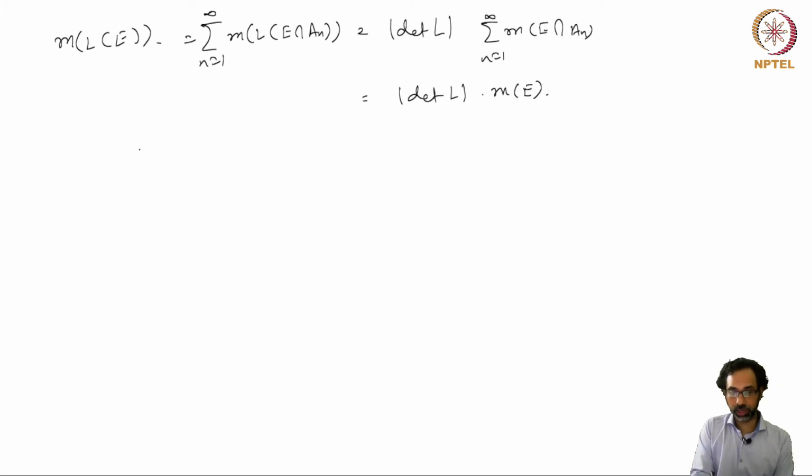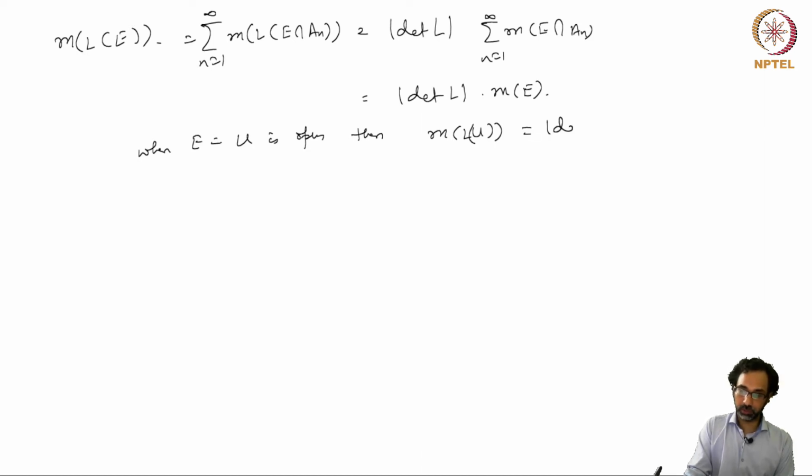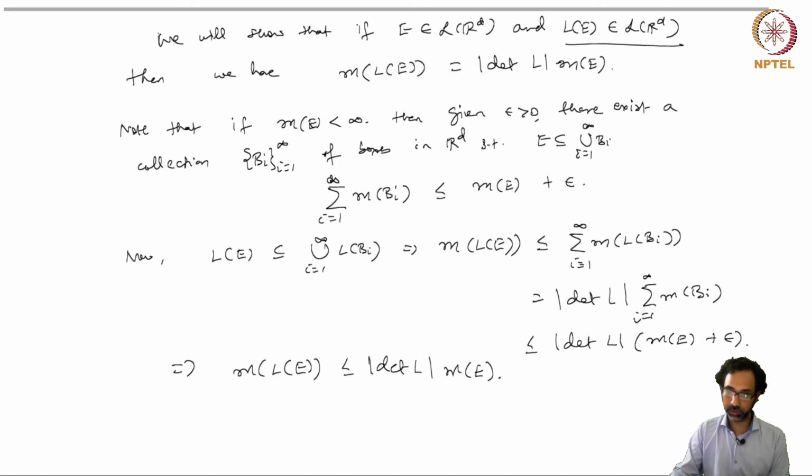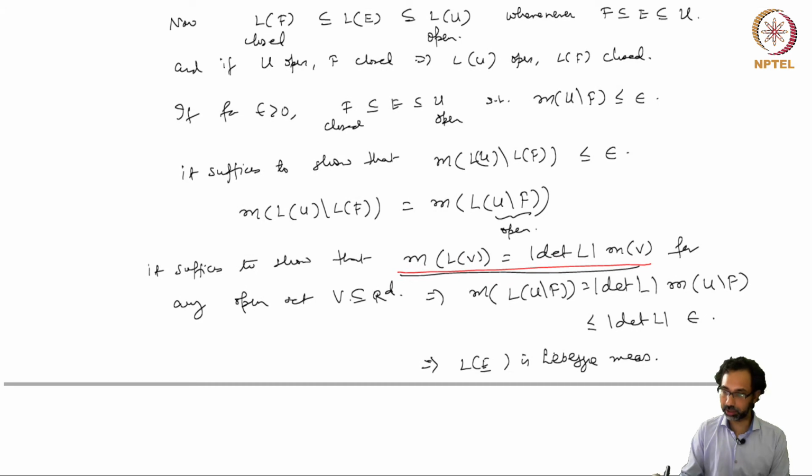So this proves in particular that when E is an open set, then the measure of LU is equal to the modulus of the determinant of L times the measure of U, and this is precisely what we wanted to show, that for any arbitrary set V the measure of LV is equal to the modulus of the determinant of L times m of V, which showed that LE is Lebesgue measurable.